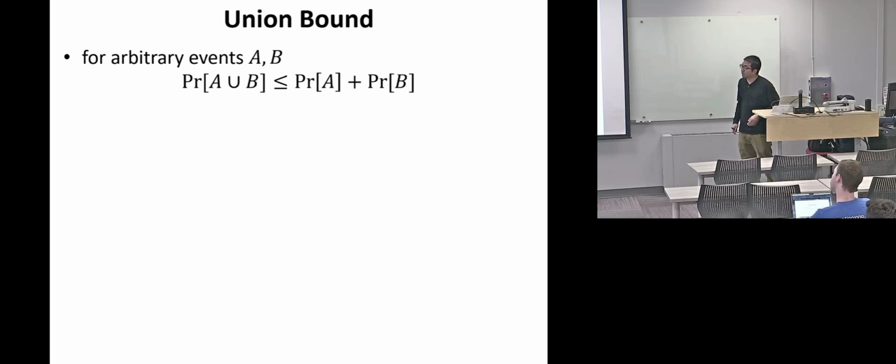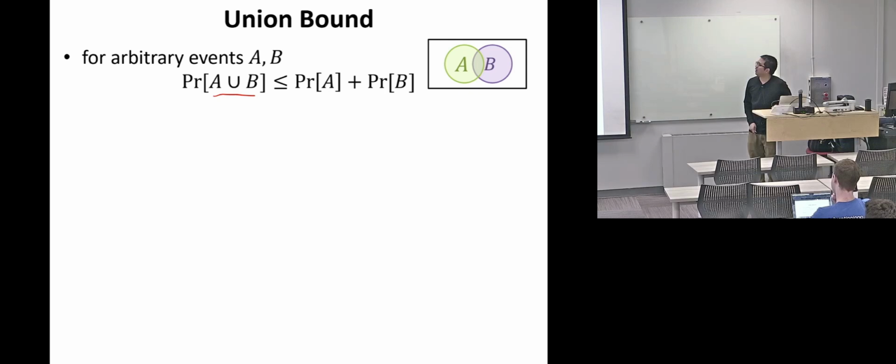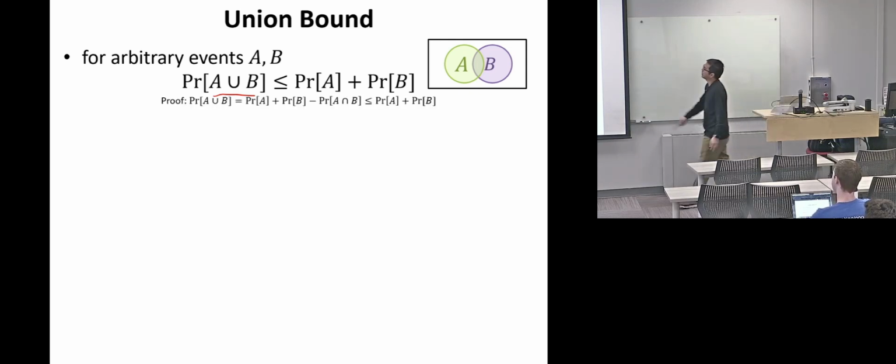First is the union bound. That is, for any two events, the probability that A or B happens is at most the probability of A plus the probability of B. The proof is just from this picture.